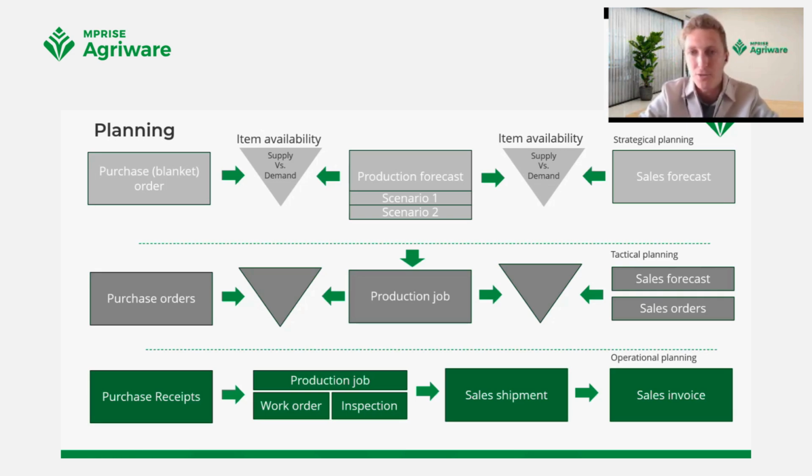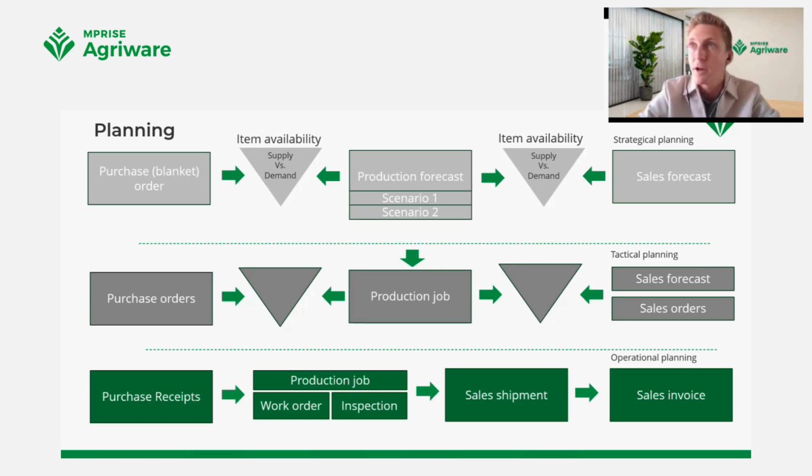And you can let these worlds meet in a supply and demand page where you see whether the quantities that come out of your production facility will meet your sales forecast, which the sales department forecasted. And if these two departments within your company agree and make a fitting planning and a fitting forecast, then you can go to your CEO and say, is there something strategical that we want to decide upon?